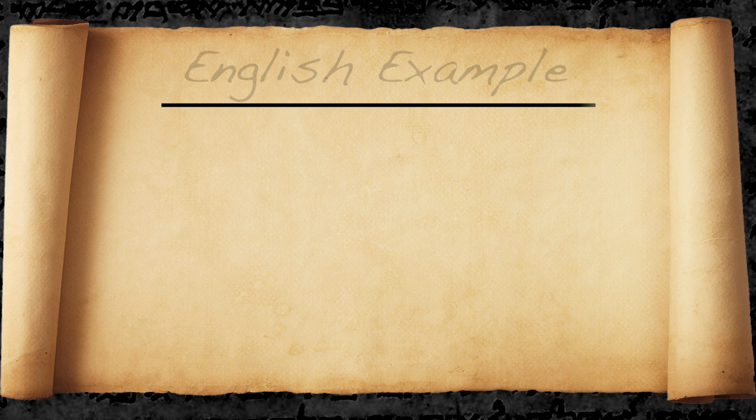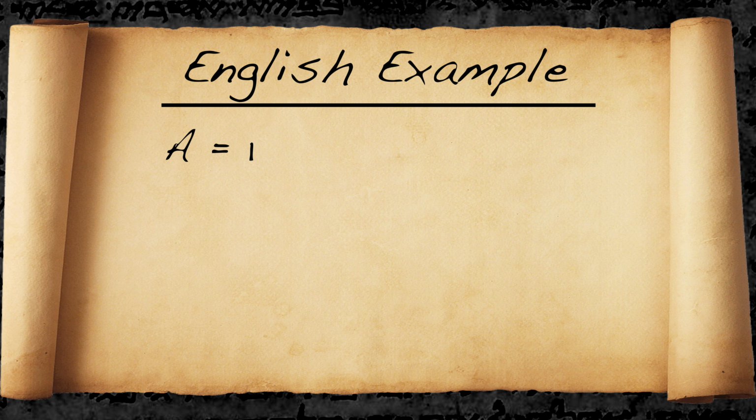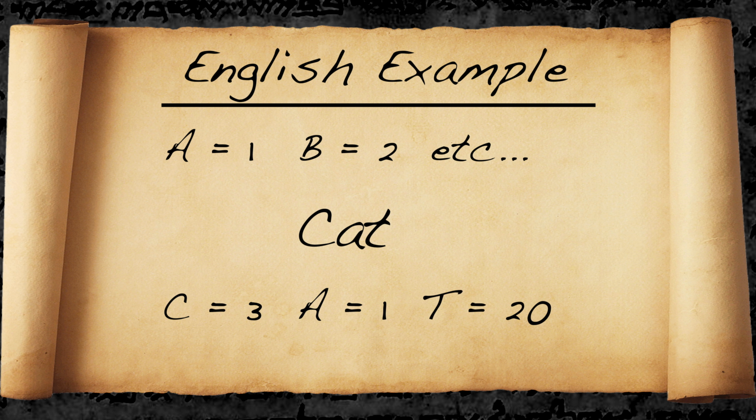Gematria might sound complicated, but it basically just means that you can create letters, words, and even sentences by using numbers instead of letters. An English example of this would be like if A equals 1 and B equals 2 and so on. And if I wanted to spell the word cat, I could do C equals 3, A equals 1, T equals 20.